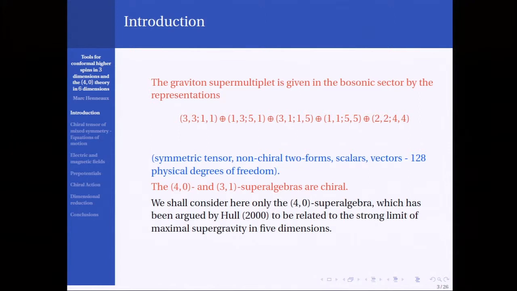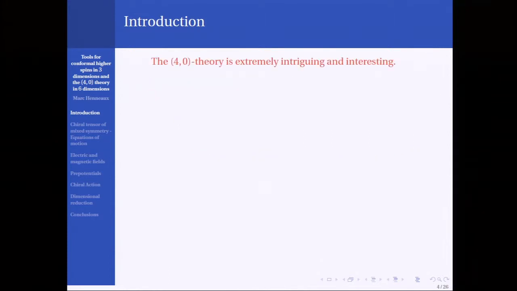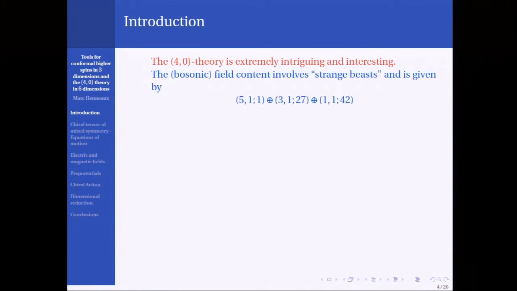So you get some decompactification to 6 dimensions, and that would be described by this superalgebra in 6 dimensions. I would like to understand better the field theory, the Lagrangian description of the (4,0) theory. It's an extremely intriguing and interesting theory.